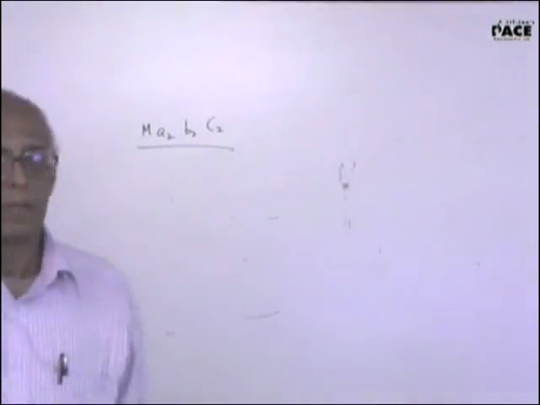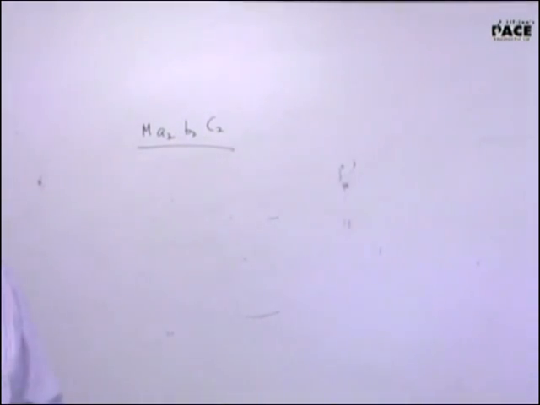How many geometrical isomers will you have?